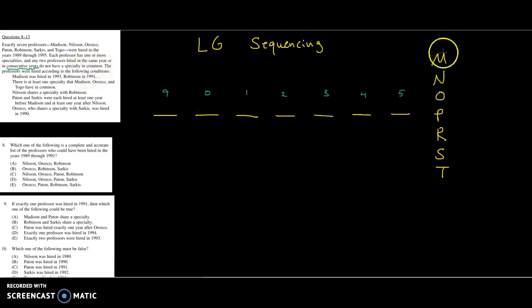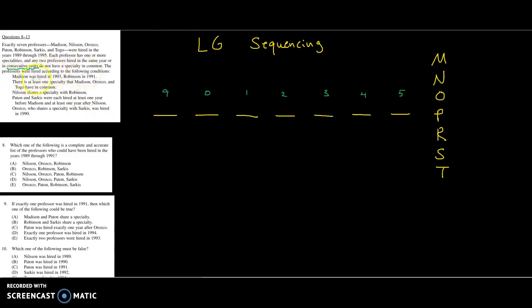So, for example, let's say if M and N had a common specialty, and if M was over here in year 0, I can't put N either on 9, 0, or 1. We have to translate that as that if they have the same specialty, they have to be at least 1 solid space apart. Okay? So with that being stated, let's look now at what the rules state.